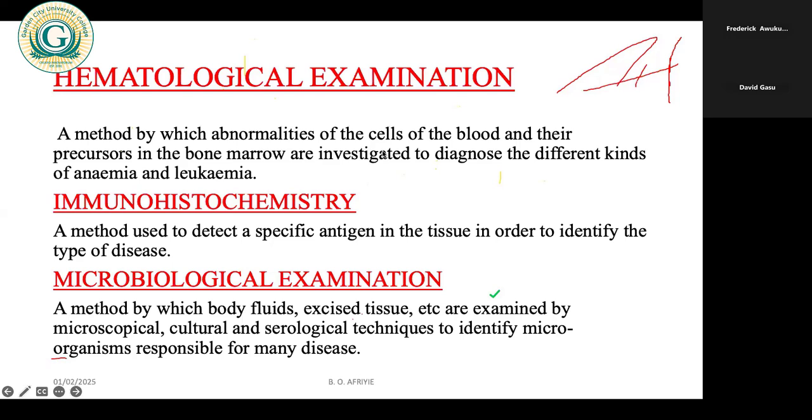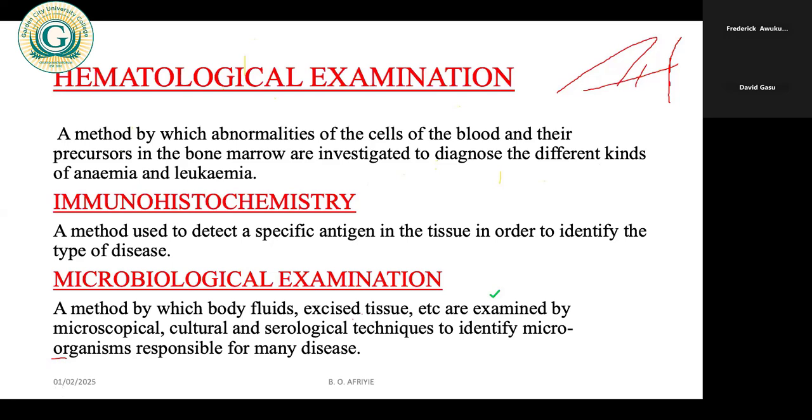So we have Frederick Auku. Your hand is up. Unmute, Frederick. Frederick, you can unmute and talk. Hello, sir. Yes, please.